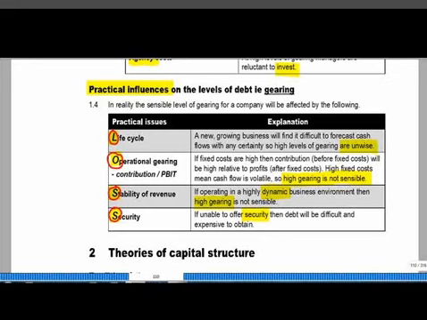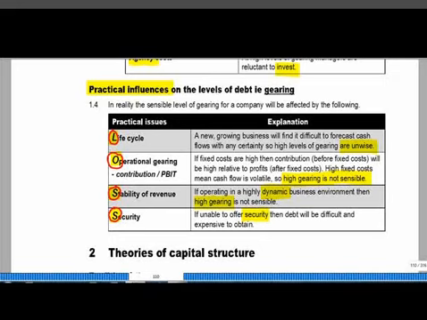So if you don't have tangible assets with a ready market value, then you're unlikely to be able to borrow from a bank unless your directors are prepared to offer personal guarantees. So we've got 4 factors here. You may well be able to think of more on top of those, and they give you the mnemonic LOSS.